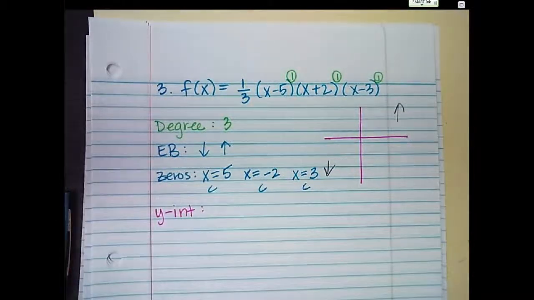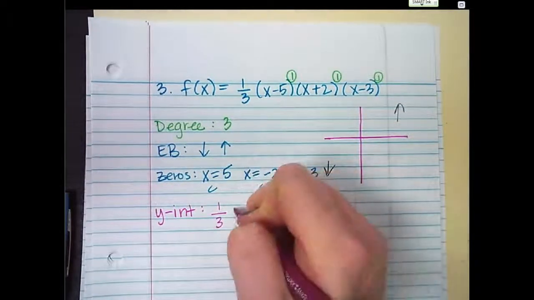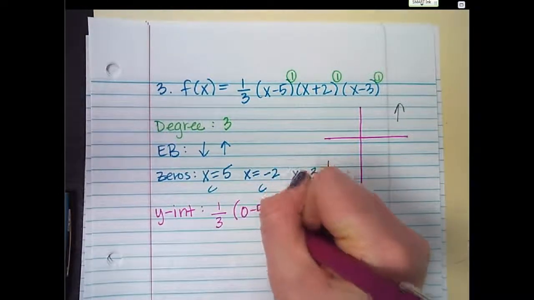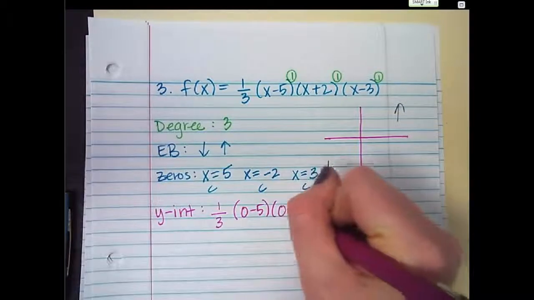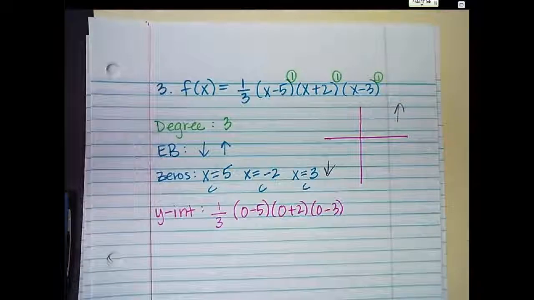And then lastly, the y-intercept. Does the 1/3 affect the y-intercept? Yes, because now I'm going to multiply that 1/3 in. So I use the whole function, so I have 1/3 times, and now I'm going to plug in 0. So 0 minus 5, 0 plus 2, 0 minus 3.